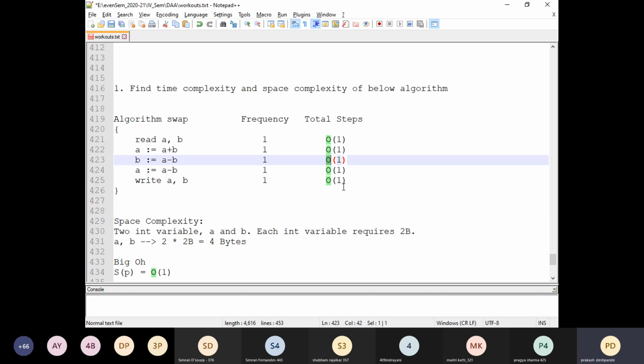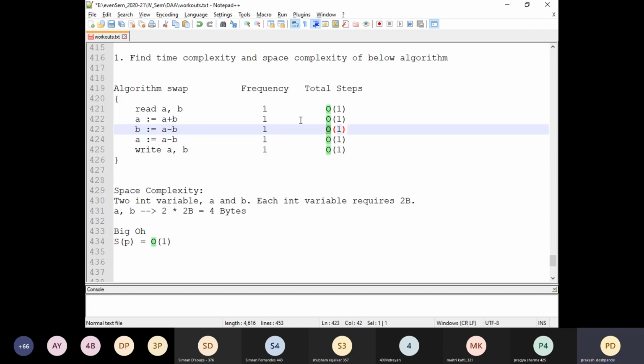There is no value greater than 1. So the time complexity of this algorithm is a constant, and I can represent it as T of P equals big O of 1.